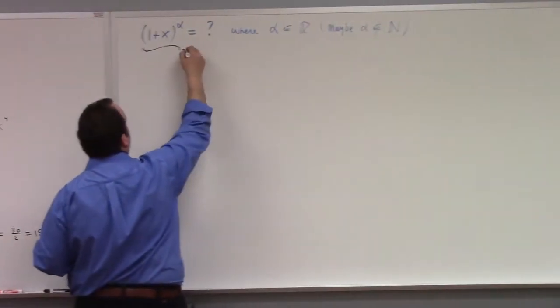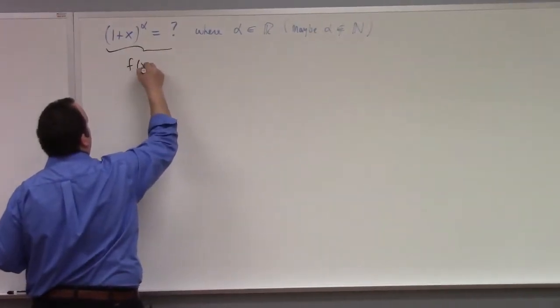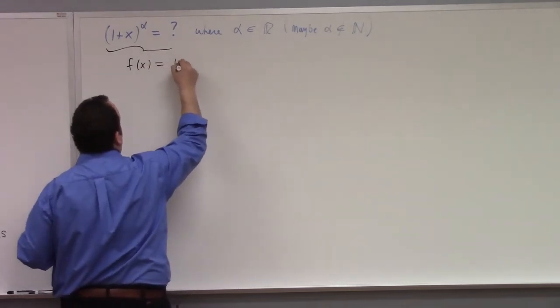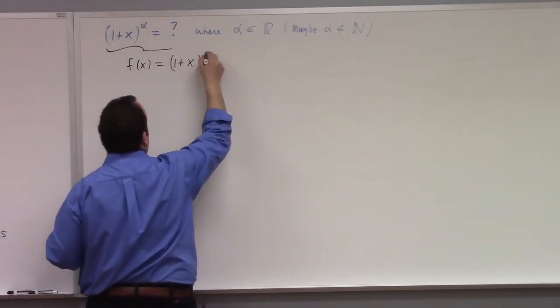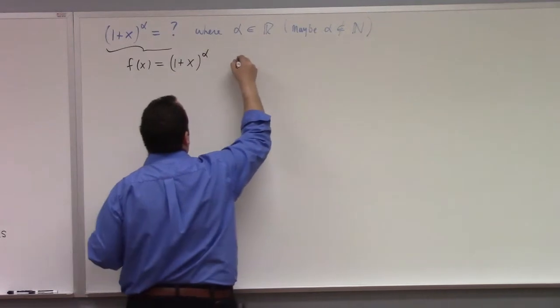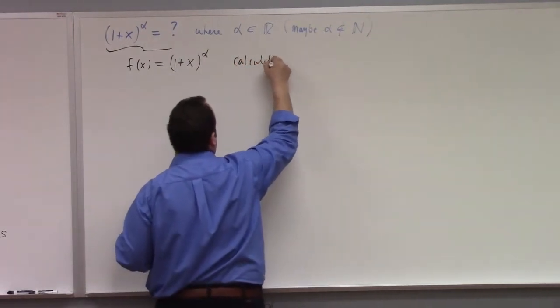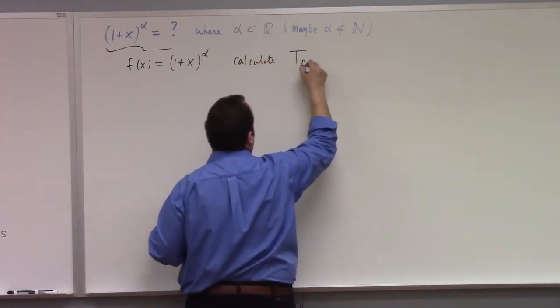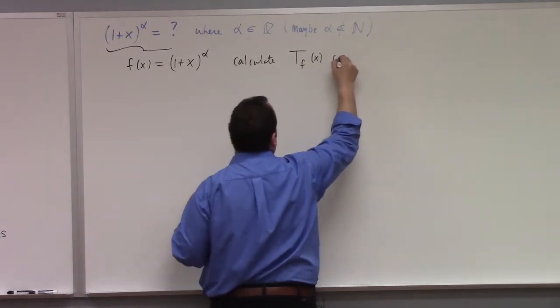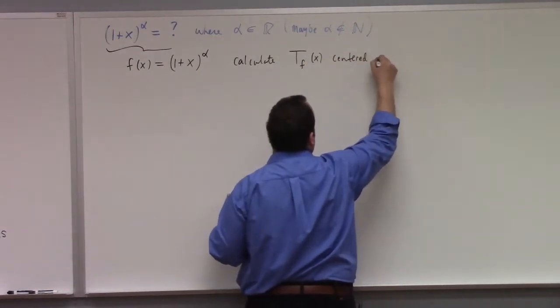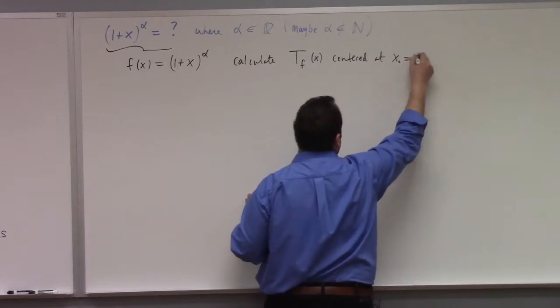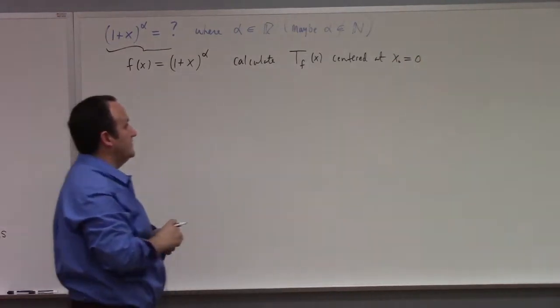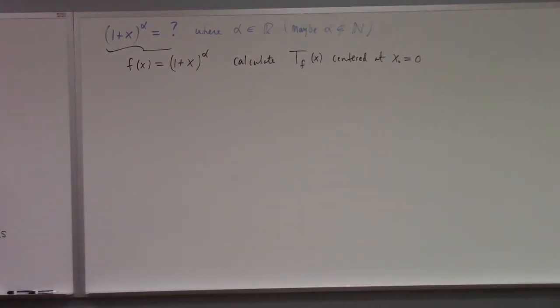So let's call this thing f of x, 1 plus x to the alpha power. We want to calculate the Taylor series for f of x centered at x equals 0, okay? And you guys remember what that was?